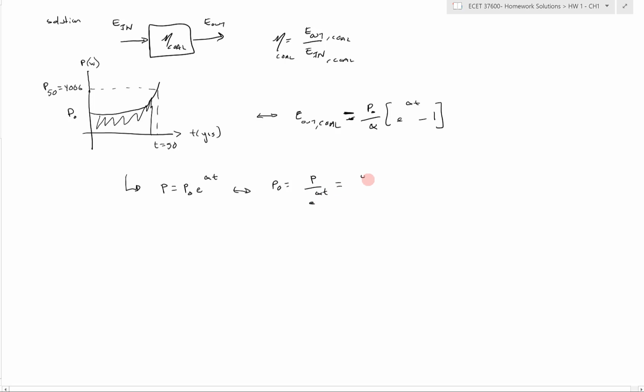So I was told that was 400 gigawatts. 400, giga is e to the ninth. And then we're going to need to divide that by e to the 1%, so 0.01 per year, times 50 years. This will be unitless down here because they cancel, so we're just left with an initial power. So if you do that, you get the initial demand was 242.612 gigawatts.